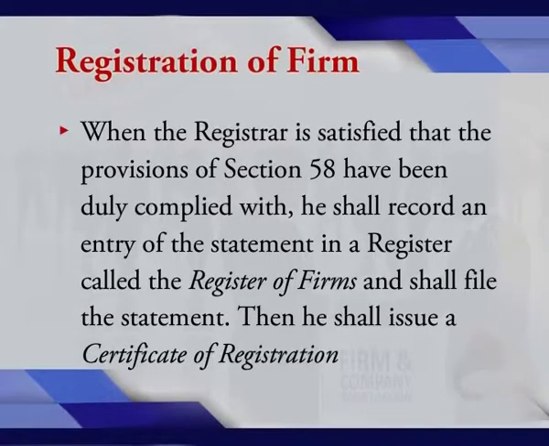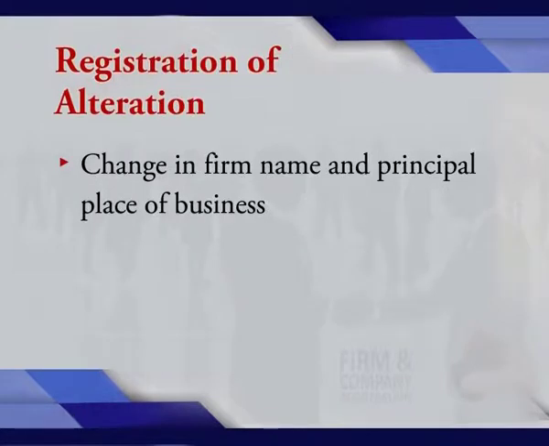When the registrar is satisfied that the mentioned provisions have been complied with, he shall record an entry of this statement in the register called the Register of Firms and shall file the statement. Subsequent alterations, such as alterations in the name, place, constitution, etc. of the firm that may occur during its continuance, should also be registered.